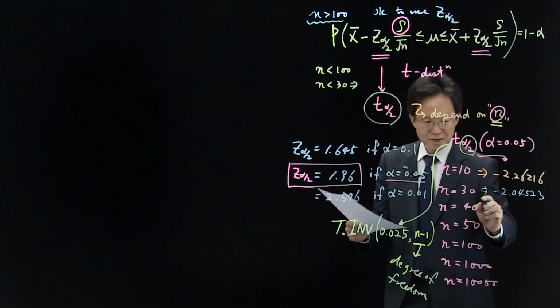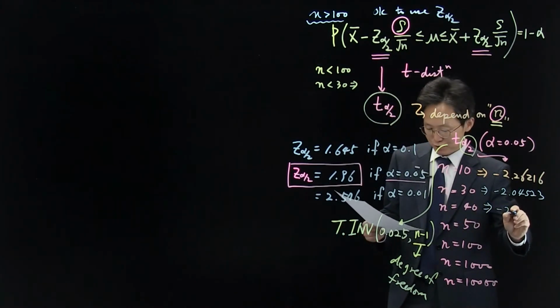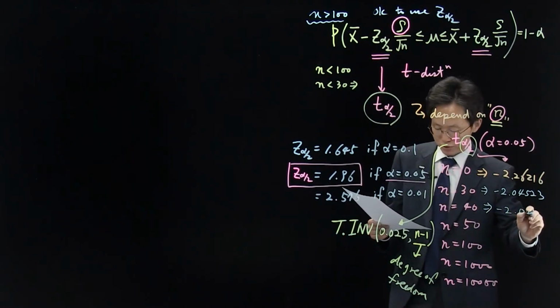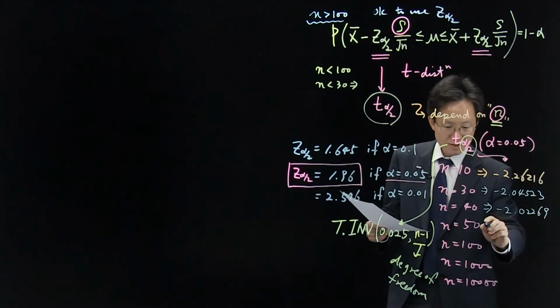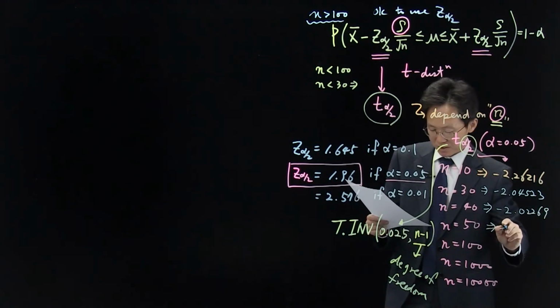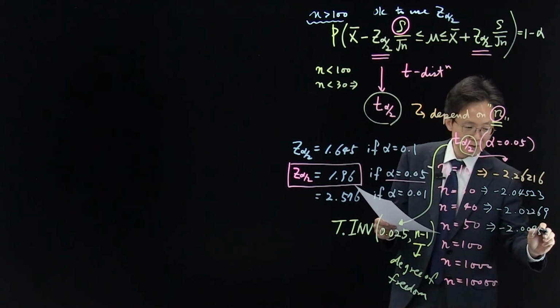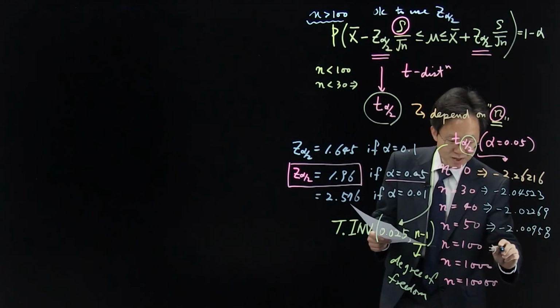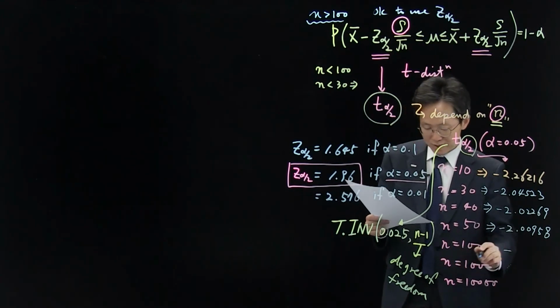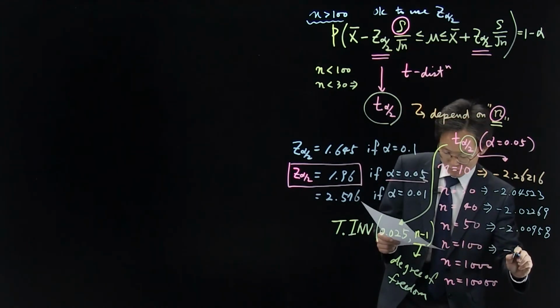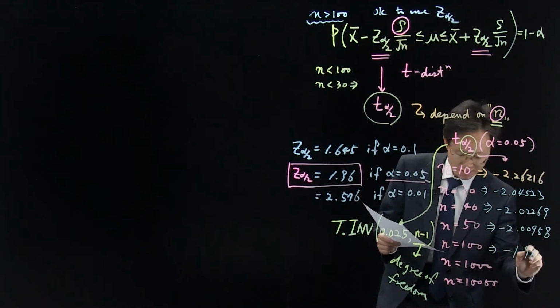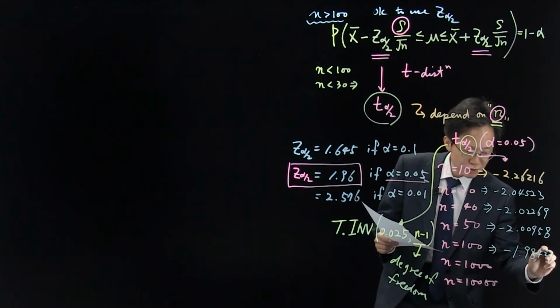So if N is 40, then minus 2.02269, and if N is 50, it's going to be minus 2.00958. And if N becomes 100, it will be minus 1.98422.